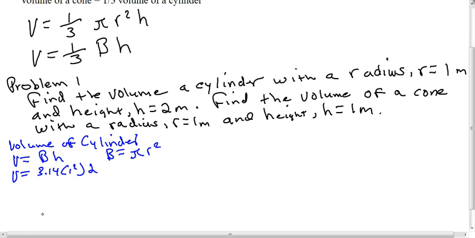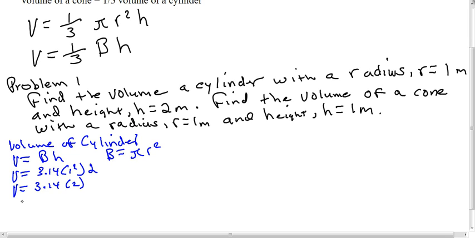As we work, we can easily square 1, times 1 is 1, times 2 is 2. So that's going to give me V is equal to 3.14 times 2.